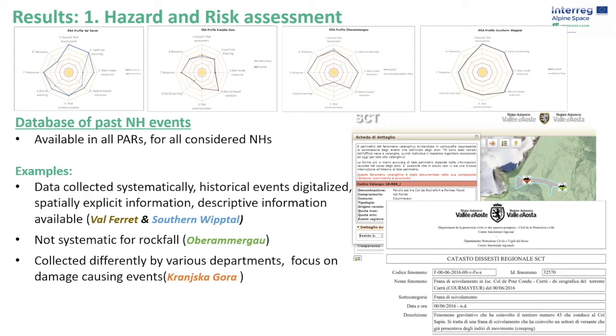On the other hand, in Oberammergau, the points for improvement identified by the experts were more. As for example, for rockfall, the data on past events was judged not as systematic as the one for other hazards. And in Kranjska Gora, for example, the data is collected by different departments and it's focusing on damage-causing events only.